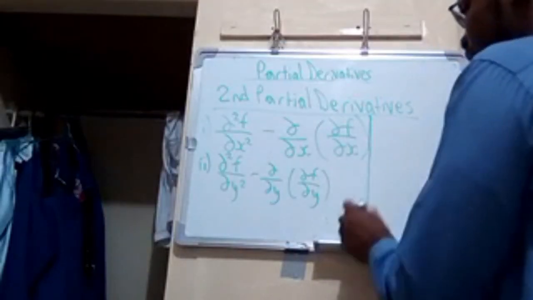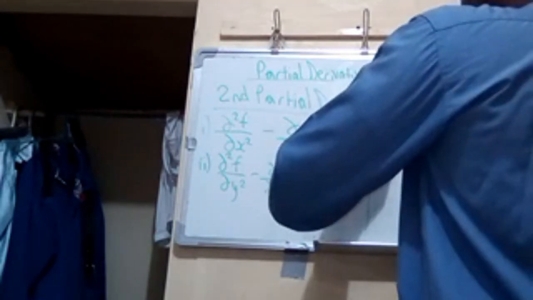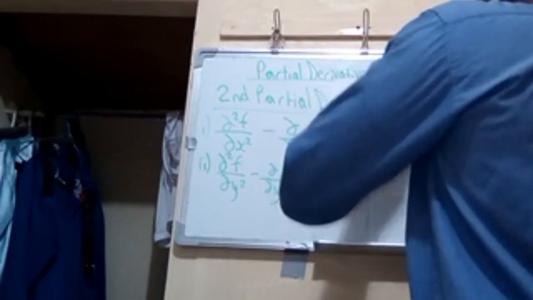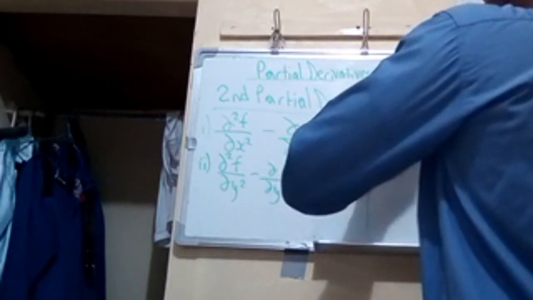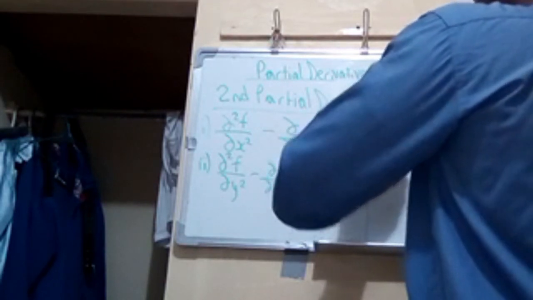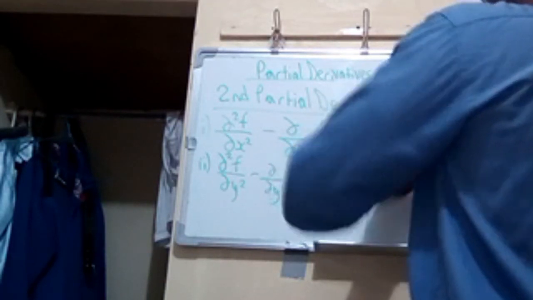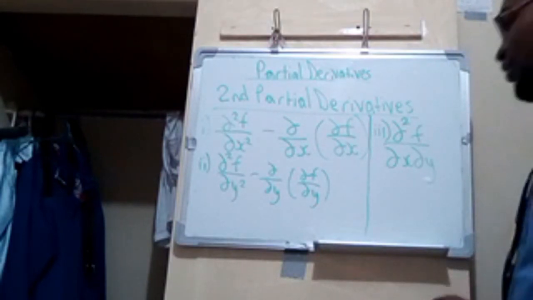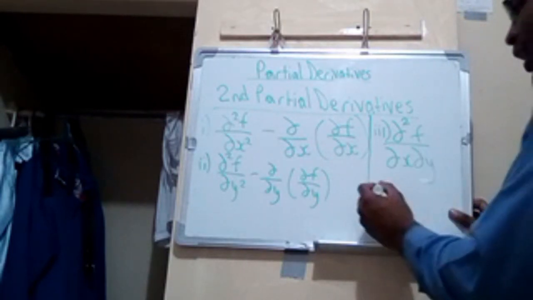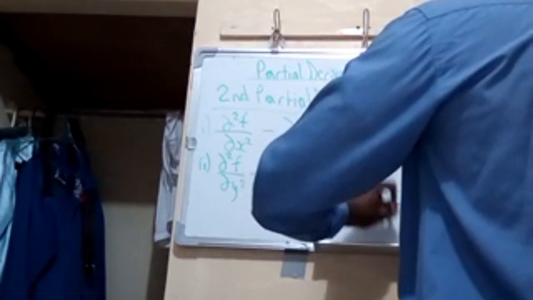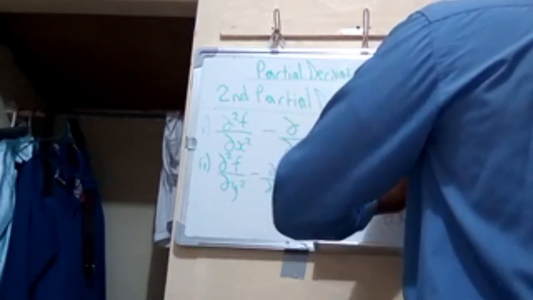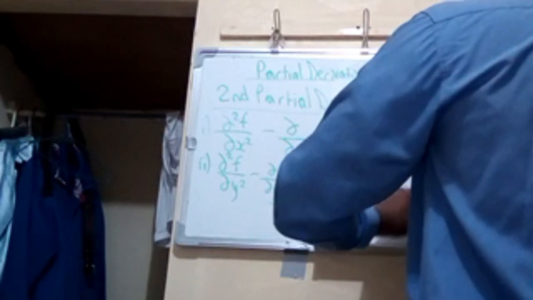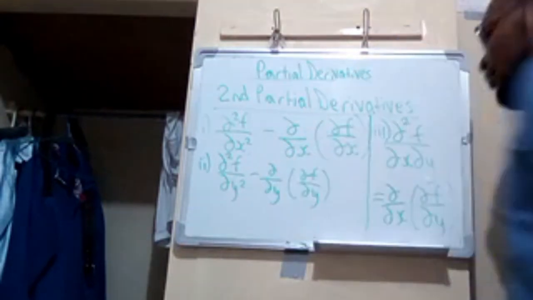Now the third one is given by del 2f upon del x del y, and this is equal to del by del x of del f upon del y.